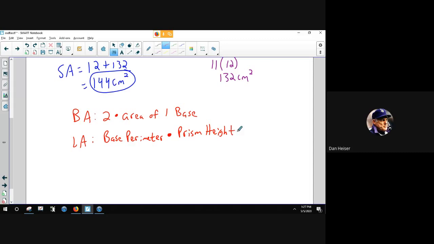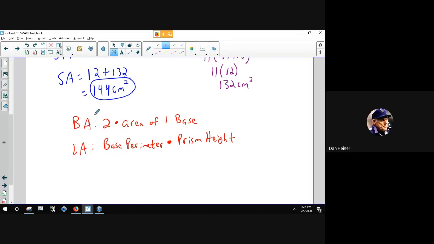In terms of a shortcut or a formula that always works for a prism, there you go. 2 times the area of one base. And then for lateral, find the base's perimeter, multiply that by the height of the prism, and then add these two results together to get the total surface area. There's your works-every-time formula. It's going to depend on what shape this is. That's going to affect how you find your base area, and then that is going to affect your base perimeter.